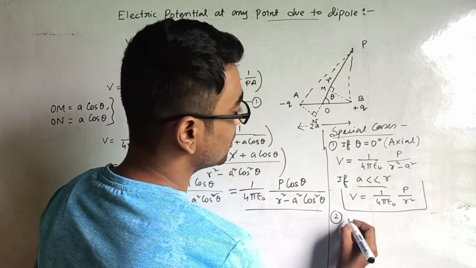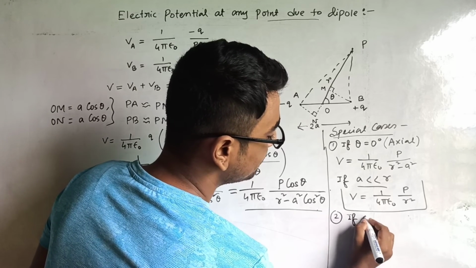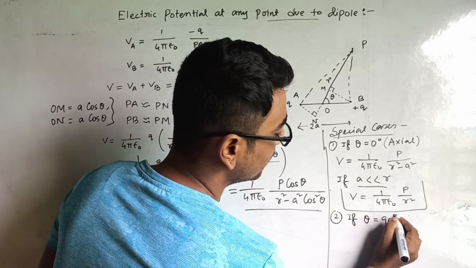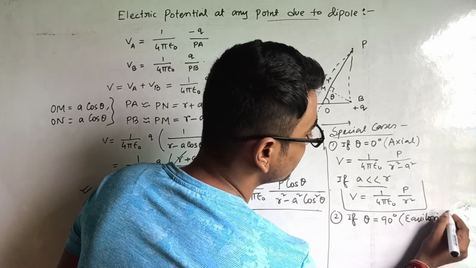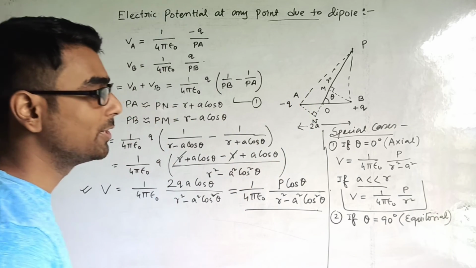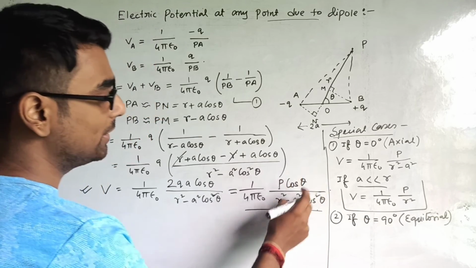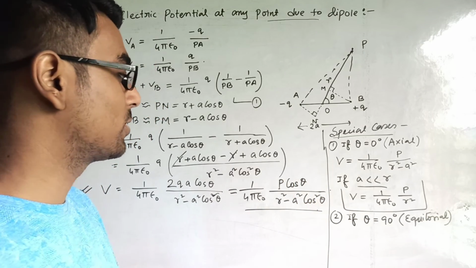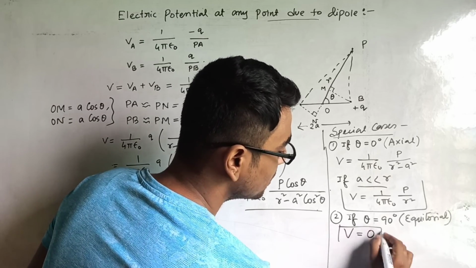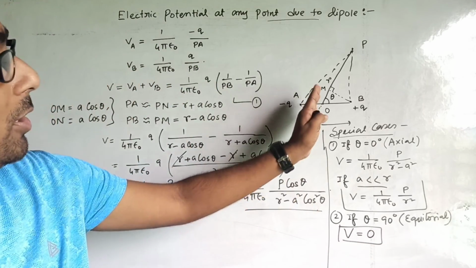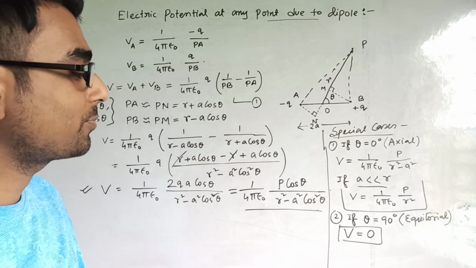For the second special case, if theta is equal to 90 degrees, it means an equatorial point. For that equatorial point, cos 90 is 0, so ultimately V will be 0. That means the potential on the equatorial line will be 0.